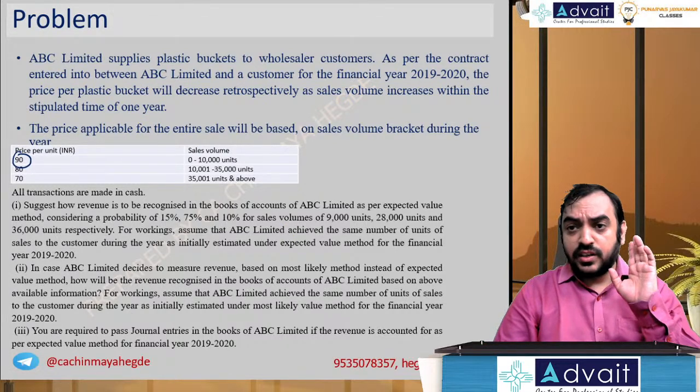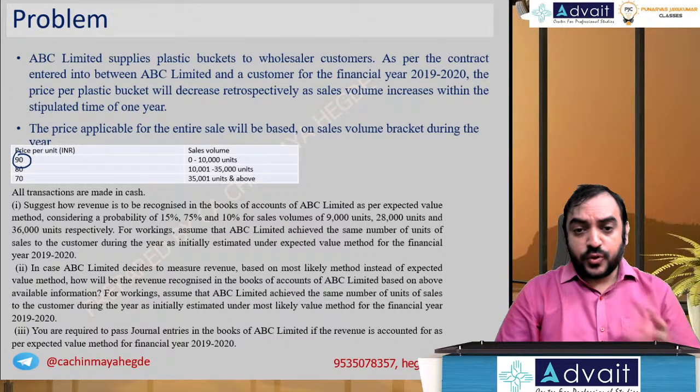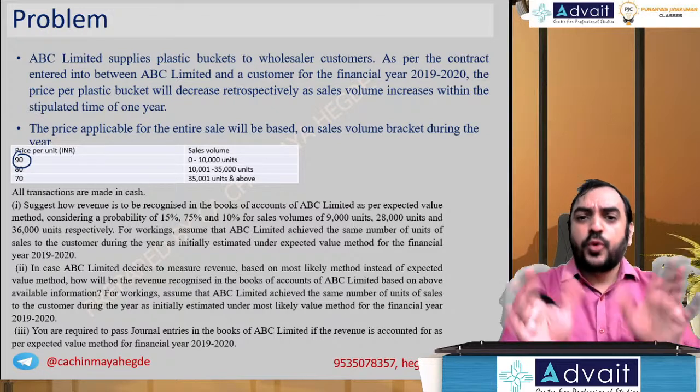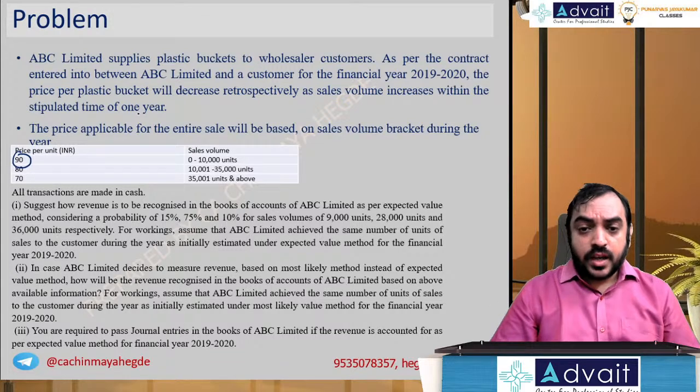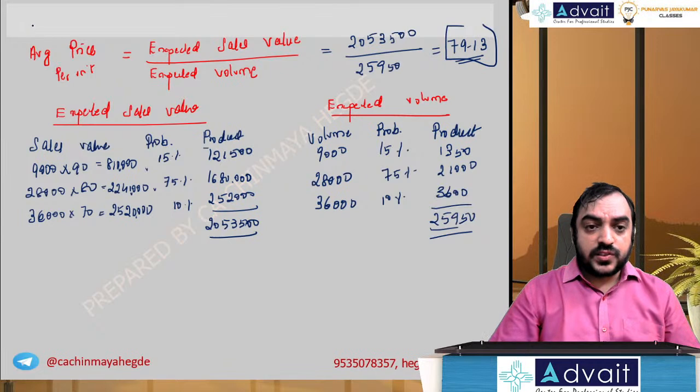So when there is a most likely method, of course, there should be only two possibilities, but assume two possibilities are there, and we take the one having the highest probability. Highest probability is 75% for 28,000 units, right? So this is the expected value method.